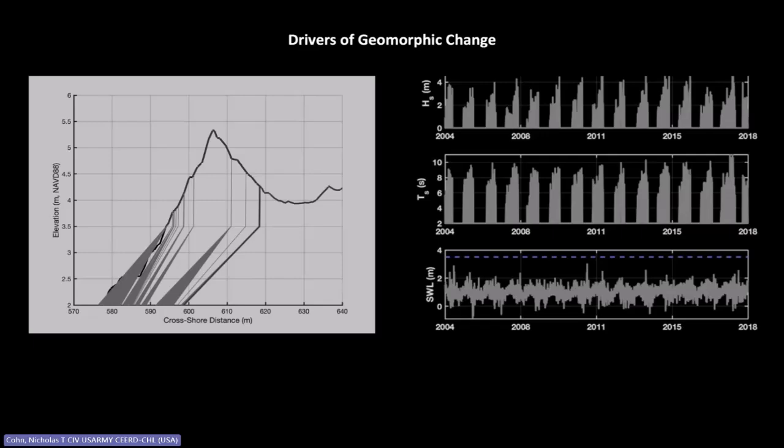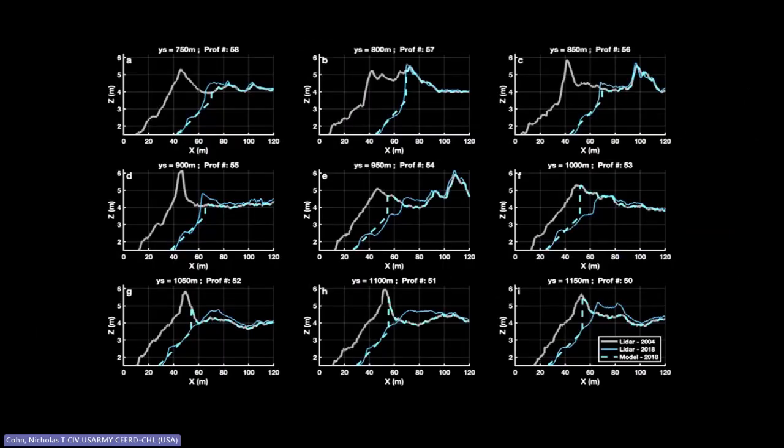So how well does this do if we do this in a hindcasting mode? Here we have 9 different profiles along the coast. We have LiDAR data in gray from 2004. We have another airborne LiDAR survey from 2018 shown in blue, and then the model out of the box with no model tuning, still using coefficients suitable for sandy dune systems is shown in the cyan line.